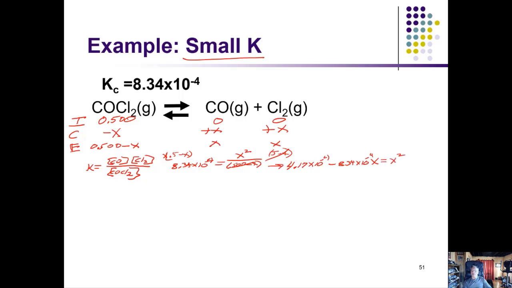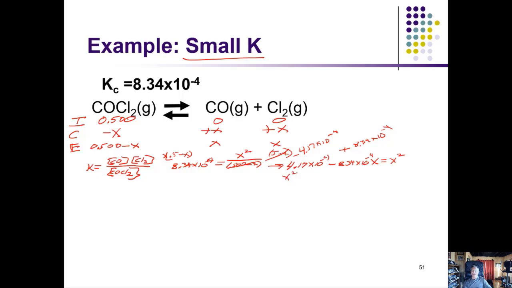All right, and then I'll move everything over to one side of the equation. I'm going to add this 8.34 times 10 to the minus 4 x, and I'm going to subtract 4.17 times 10 to the minus 4. When I do that, I wind up with, guess what?